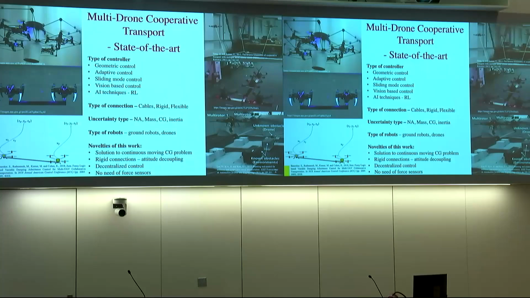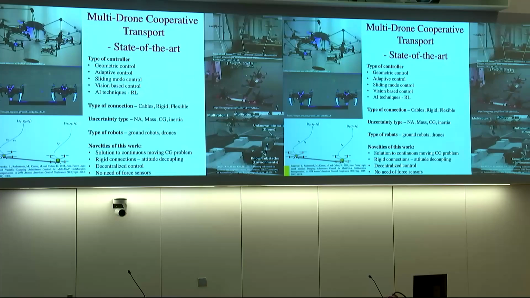Rigid connections means that the drones are rigidly connected to the payload. Flexible connections like spherical joints, and different types of uncertainties have also been addressed, such as what if the mass of the payload changes, what if the center of gravity changes, and the types of robots. Here I'm talking about drones, but all these schemes have also been tested for ground robots.